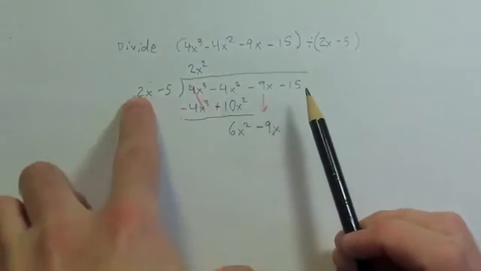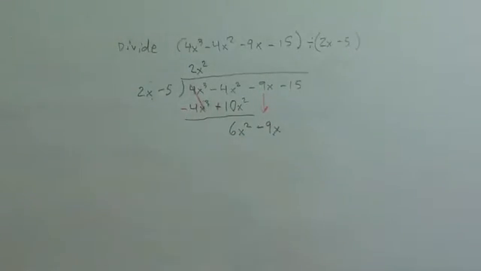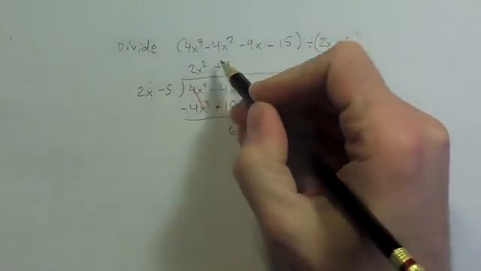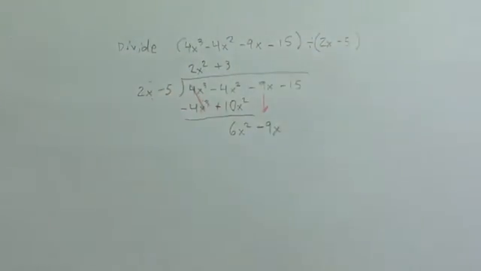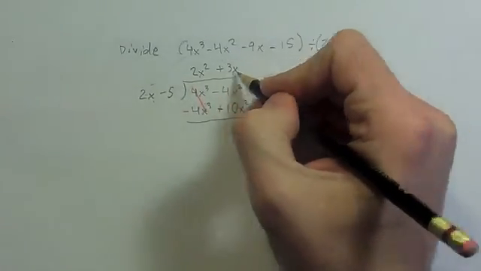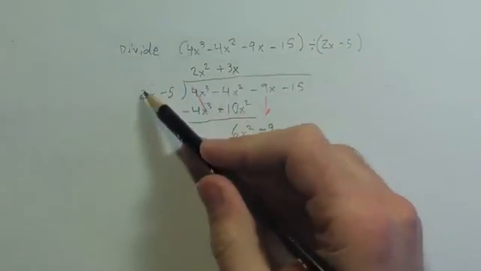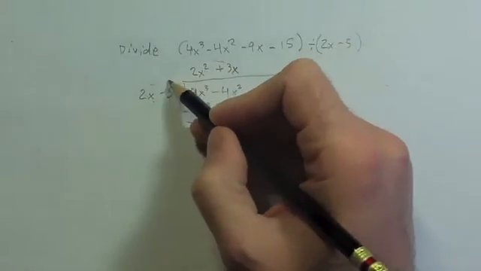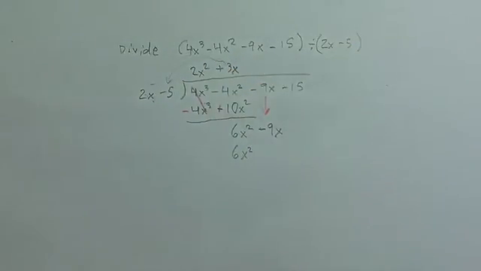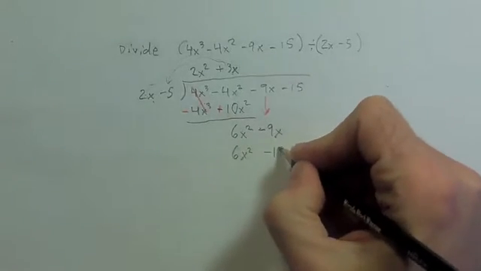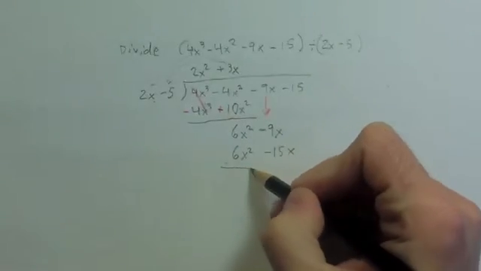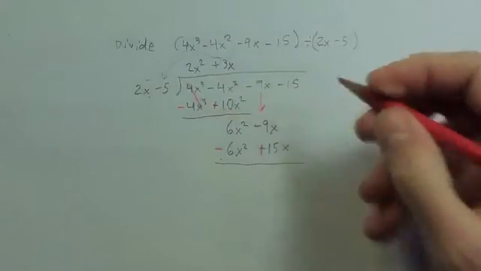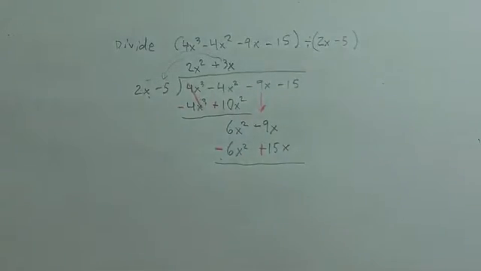Now I want to find something I can multiply 2x by to give me a 6x squared. Well, I think a 3 will give me the 6, right? And then I need another x in there to give me the x squared. So the 3x times 2x will give me a 6x squared. And then I do multiply by the negative 5 as well, and that's going to give me a minus 15x. So once again, I go through and change my signs, because I need to just subtract by everything.